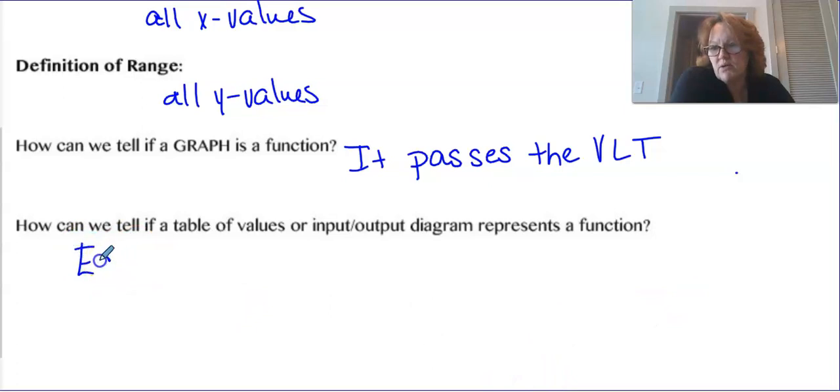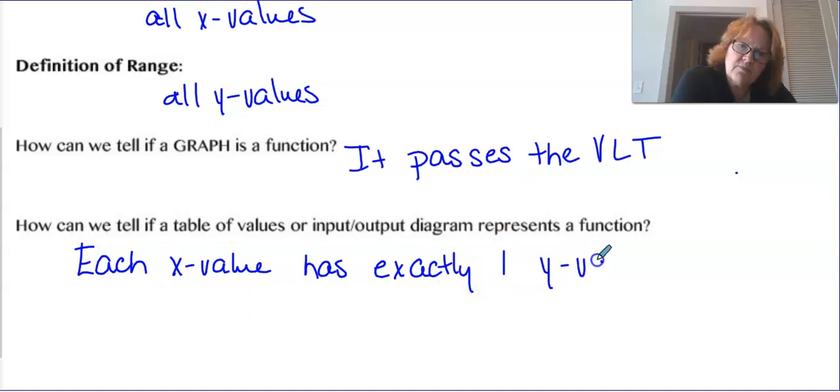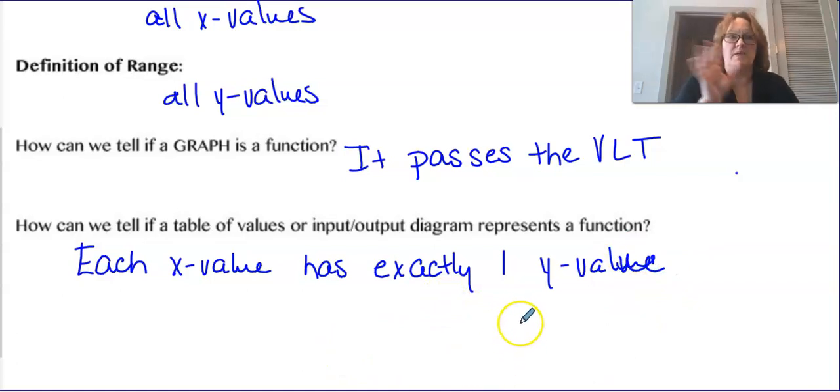Each x value has exactly one y value. What I usually do is I look at all the x values, and if one of them repeats itself, I look and see if those two x values have different y values. And if they do, then it's not a function. I'll show you that in a minute.